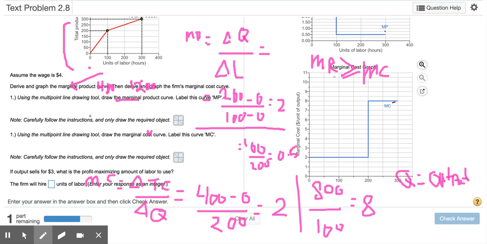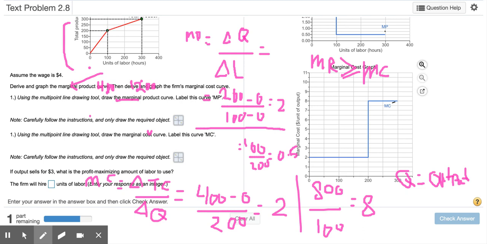So it doesn't make sense to produce beyond 200 units of output. However, you can make profit by producing up to 200 units, because in this section each unit costs you $2 and you're receiving $3.